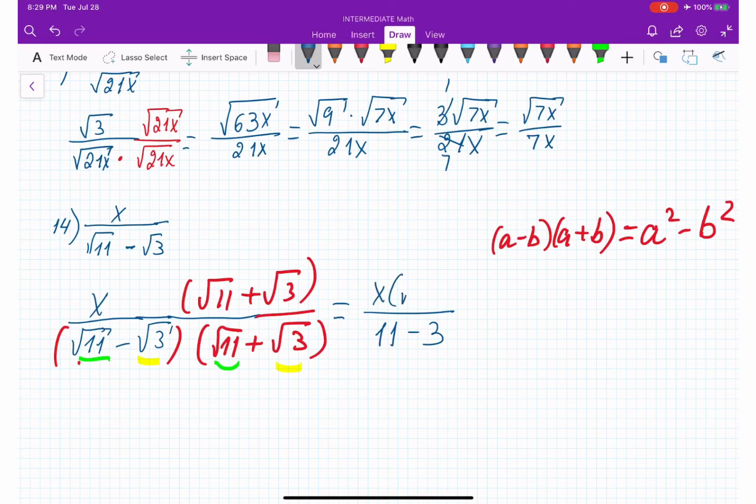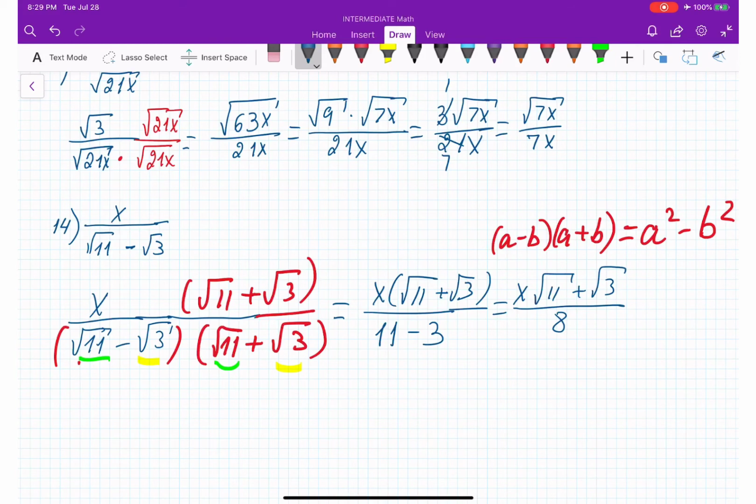X times square root 11 plus square root 3. Makes no sense to distribute because it's not going to simplify anything. So we leave it like that. So the final answer is going to be x times square root 11 plus square root 3, and underneath we have 8.